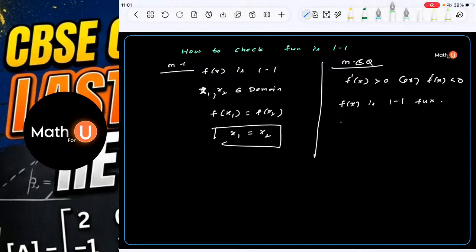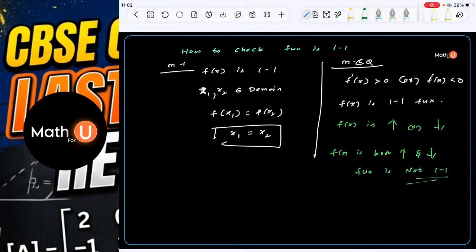That means if the function is increasing or decreasing, then the function is one-one. Otherwise, if the function is both increasing and decreasing, then the function is not one-one.